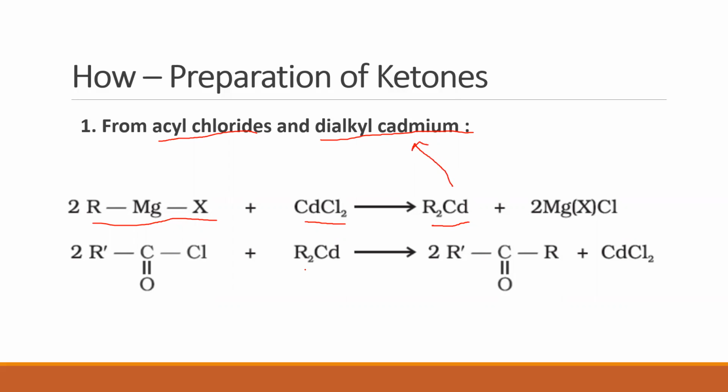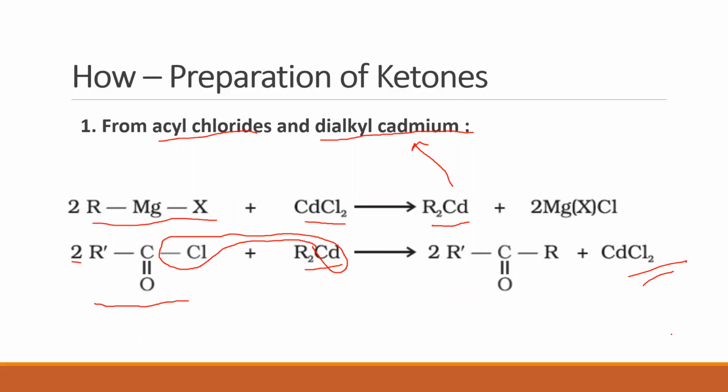Now this dialkyl cadmium reacts with acyl chloride. Now this is our acyl chloride. So what happens here? We can observe closely. I'm taking 2 moles of the acyl chloride. The reason I'm taking 2 moles is because cadmium has a valency of 2. So this cadmium will take away both the chlorine atoms to go out as cadmium chloride.